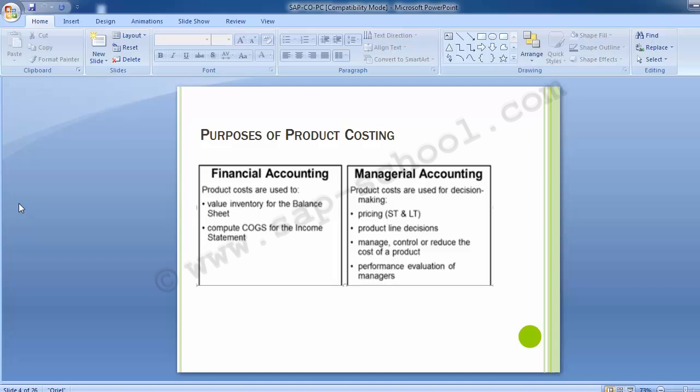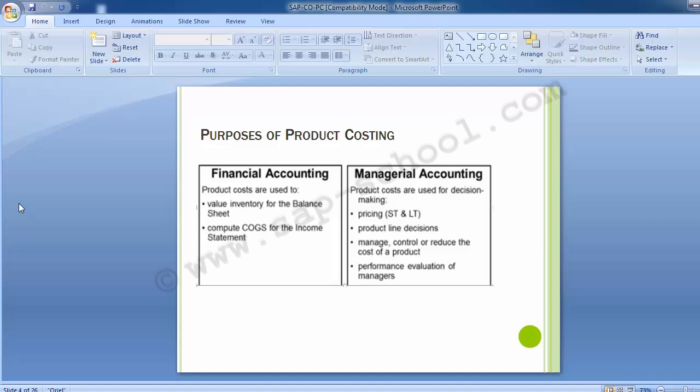Whereas if you talk about managerial accounting, that is the SAP controlling module, product costs are used for decision makings like pricing, what prices have to be charged, what should be the sale price, what different prices have to be decided by the management once they know the cost of the product which has been manufactured.